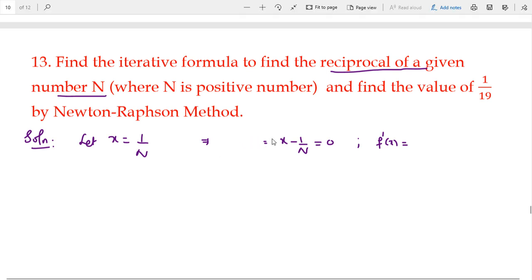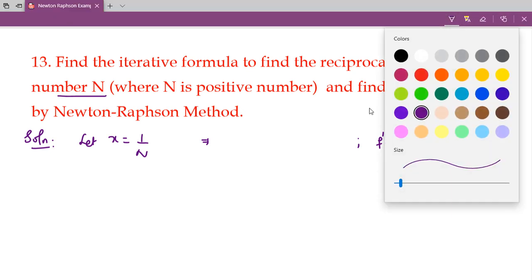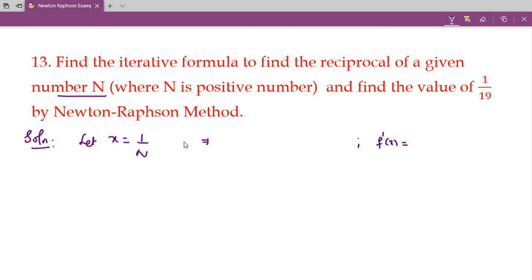Instead of taking f of x as x minus 1 by n, this implies n is equal to 1 by x.